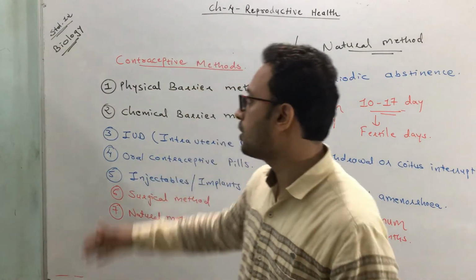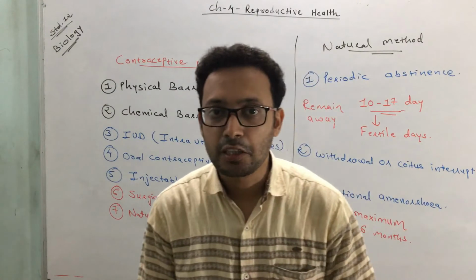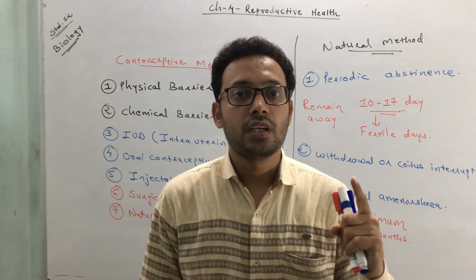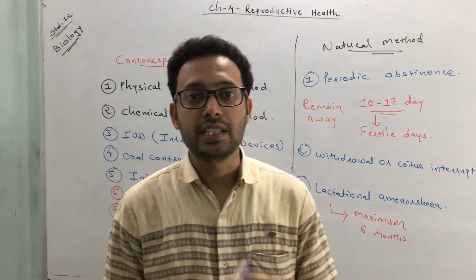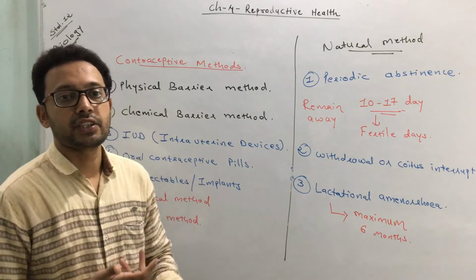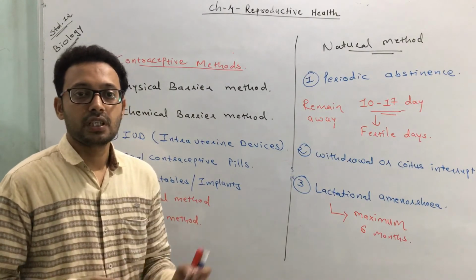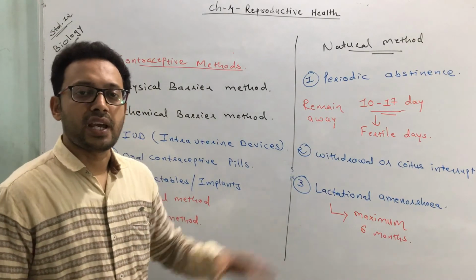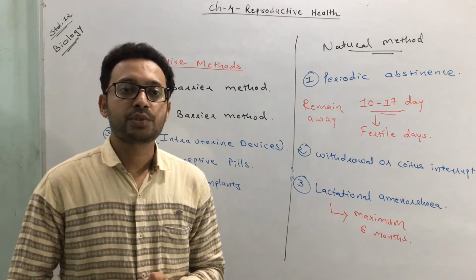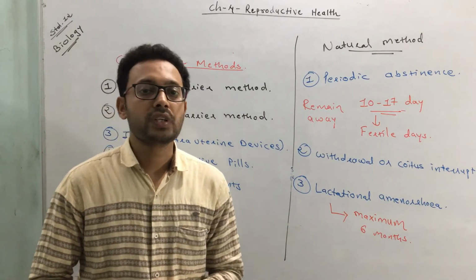So we have discussed all contraceptive methods: physical barrier methods, chemical barrier methods, IUDs, oral contraceptive pills, injectables and implants. We also discussed the surgical method, and then we have also discussed the natural methods. Remember students, these are very important methods. From these methods, most of the time any 1 or 2 methods are always asked.